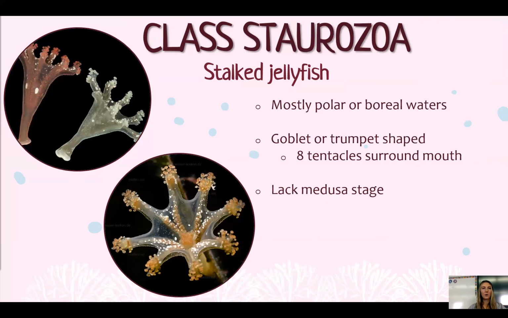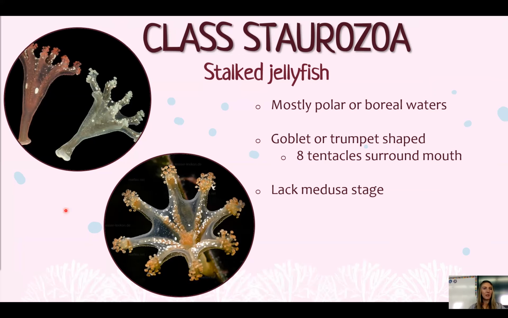All right, class Staurozoa, this is the last class we're going to talk about, and it's a very small class. These are known as our stalked jellyfish. Most of them do not like tropical water. They prefer polar and boreal waters in the northern hemisphere. They're really, really small, and they're going to be found attached to things like rocks and seaweed, from around Northern California and up in those cooler waters.